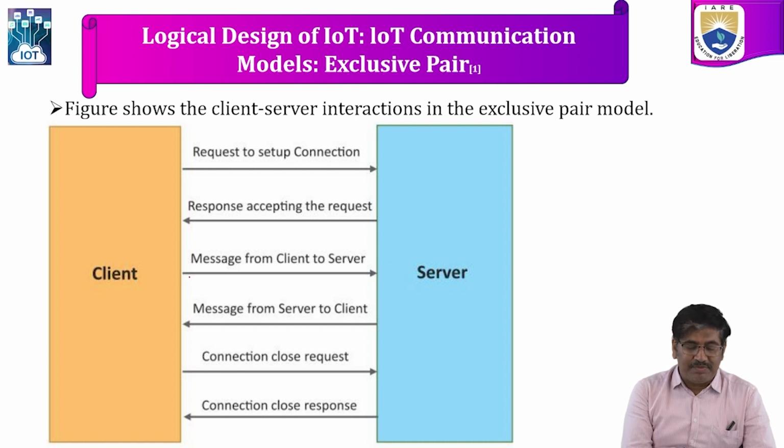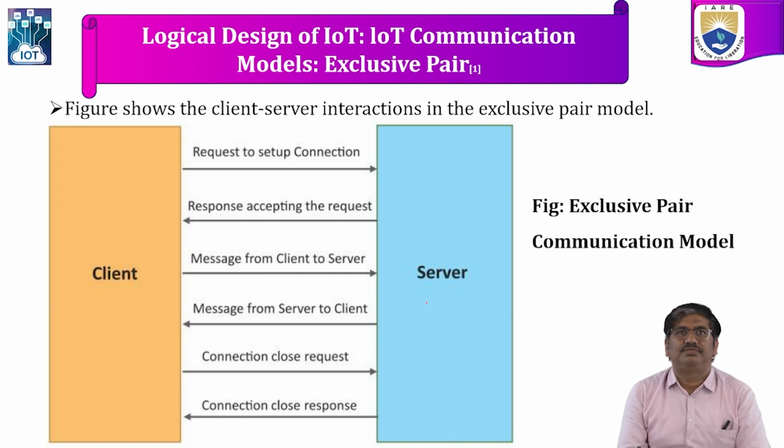Once the connection is set up, the client will send messages to the server. Upon receiving the messages from the client, the server sends a response message to the client. Once the data transaction is done, the client gives a close request. Then the server sends an acknowledgement for closing the connection.